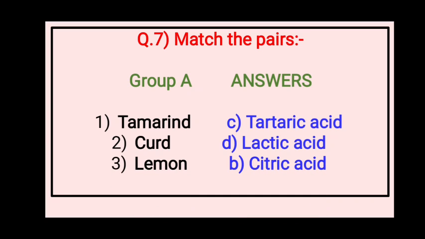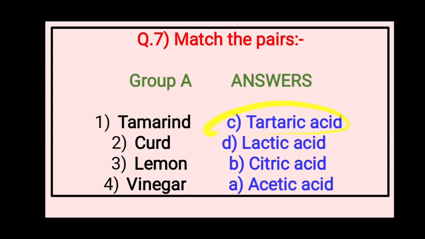And the last one, vinegar. The acid present in vinegar is acetic acid. So fourth one is A. So tamarind, tartaric acid, curd, lactic acid, lemon, citric acid, and vinegar, acetic acid. Write down correctly.